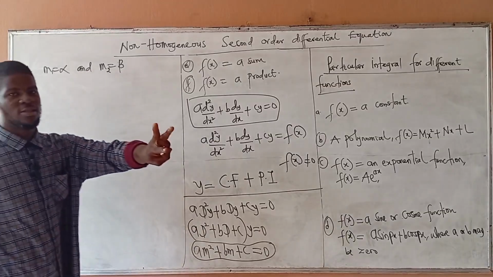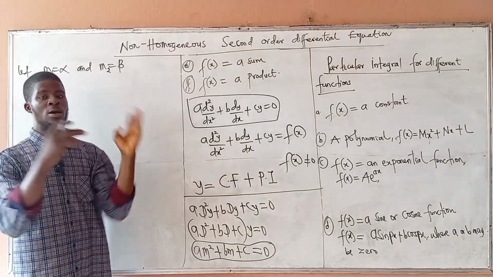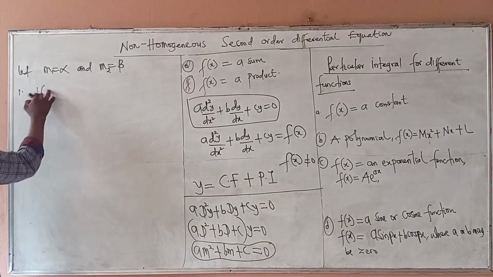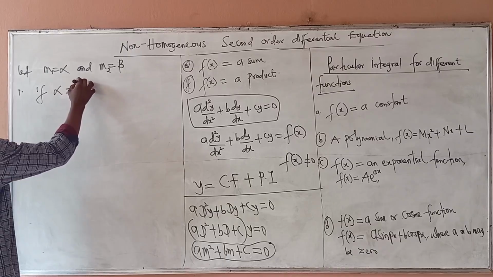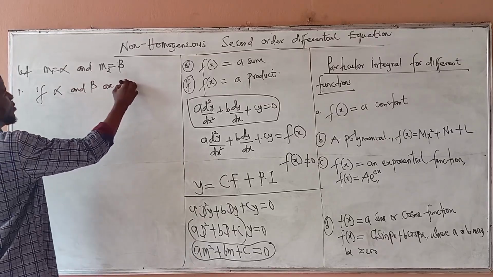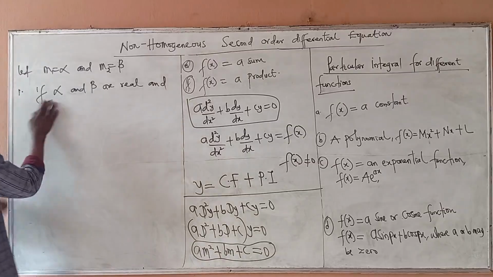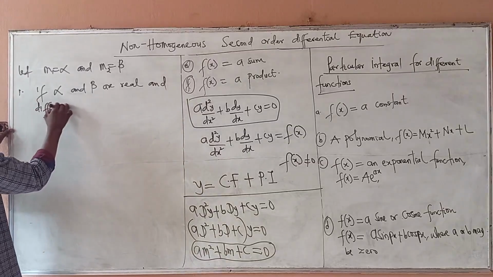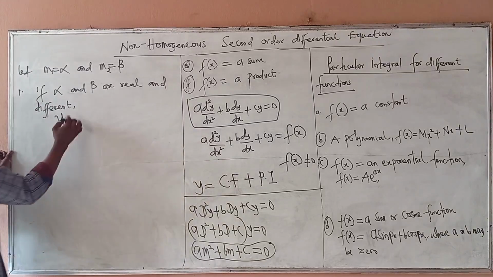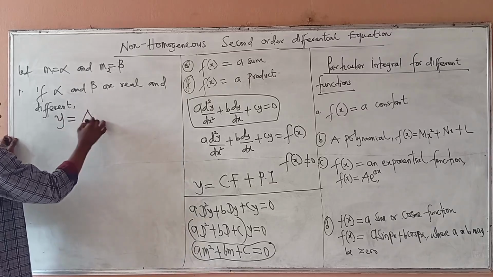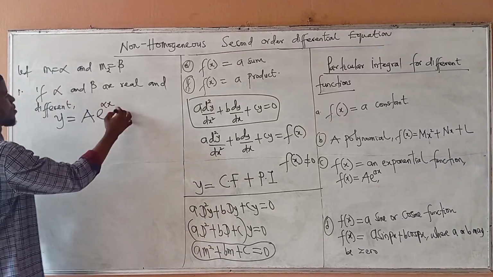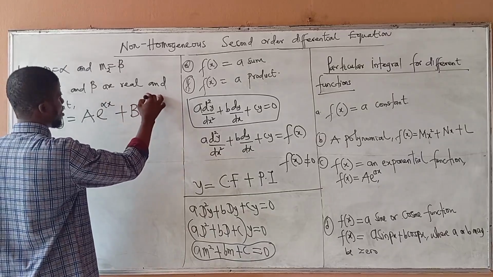Three cases can actually come out from these roots. Case 1: if alpha and beta are real and different, they are real numbers and not equal to each other, it means that the solution to that particular equation will be y equals A e^(alpha x) plus B e^(beta x), where A and B are constants.